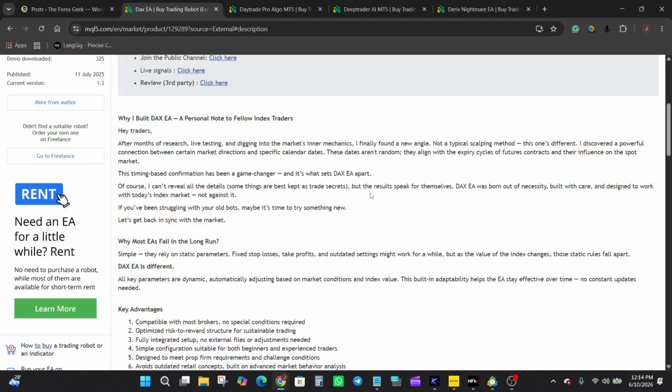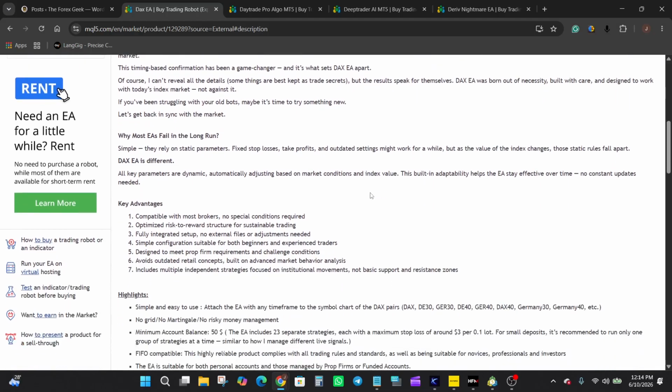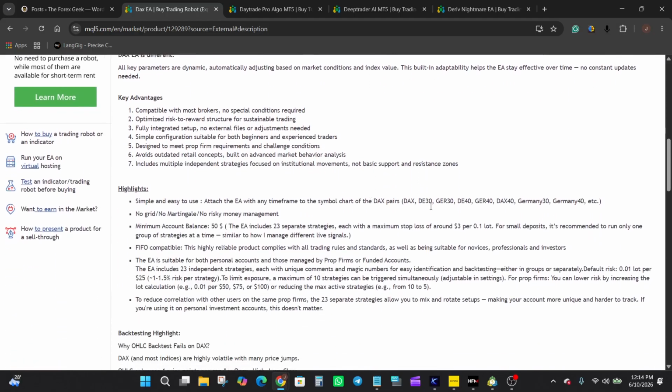Moving into the feature section, the EA is designed specifically for DAX related symbols, including naming variations such as DAX, DE30, GER30, DE40, GER40, DAX 40, Germany 30, Germany 40, and so on, depending on the broker.